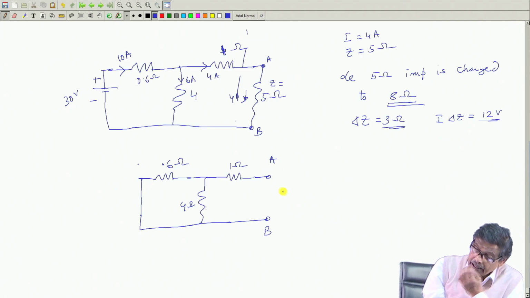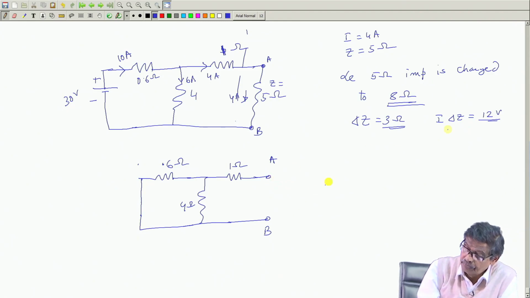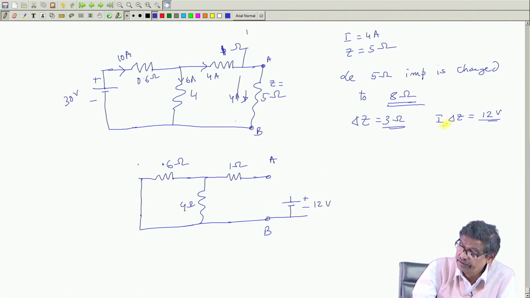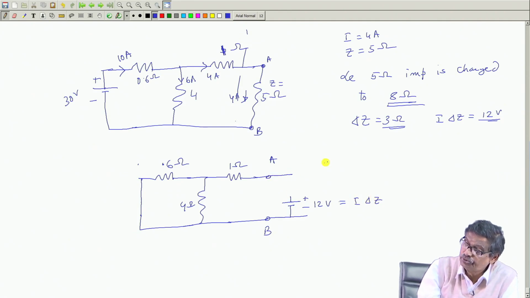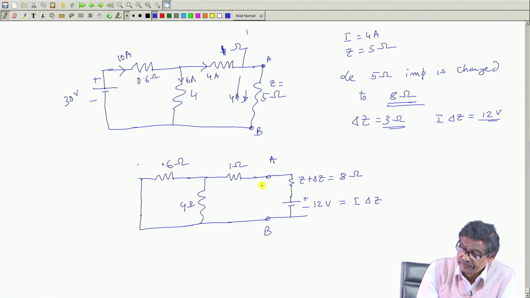This is my A B, and there you connect a voltage source of 12 volt, I into delta Z, and this impedance you show only 3 ohm, is it not? Z plus delta Z is equal to 8 ohm. Now, solve for this current delta I. Can it be easily solved?